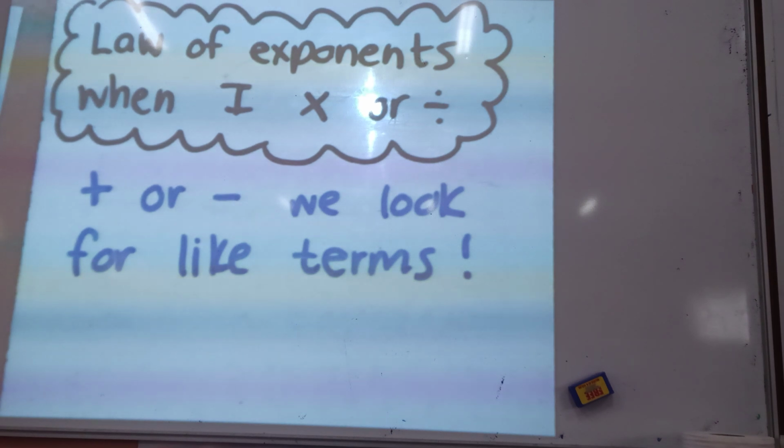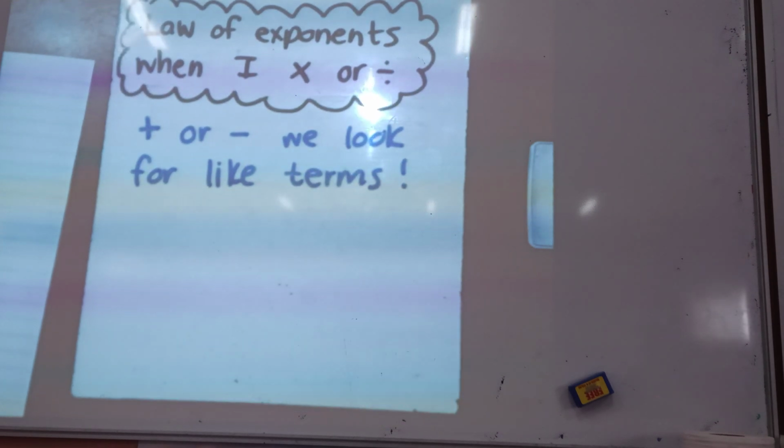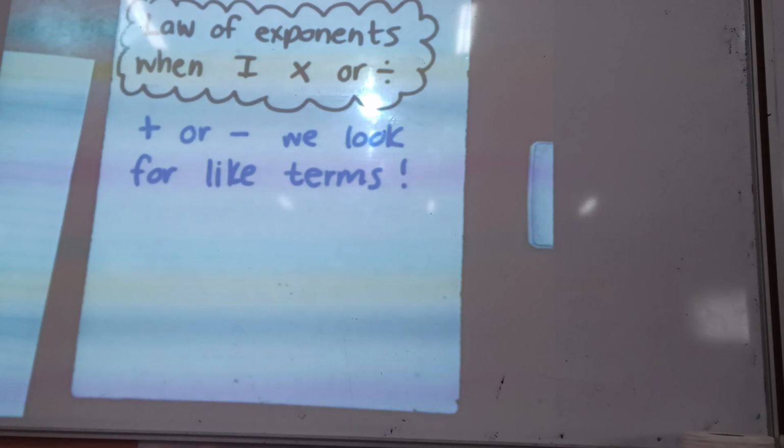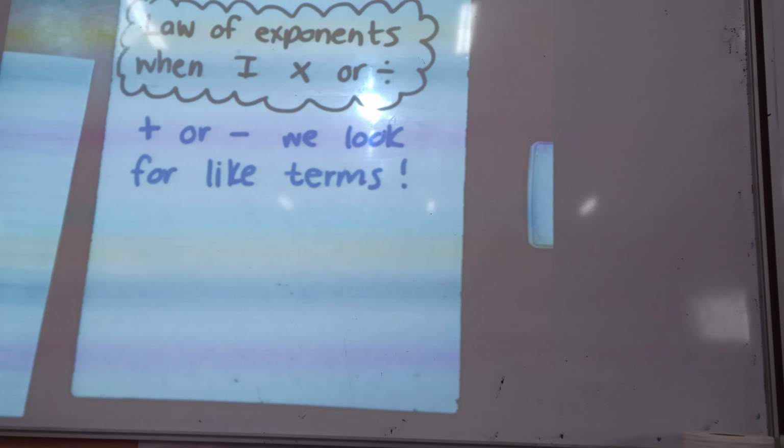That's fine. So, law of exponents when I multiply or divide; when I add or subtract, I look for like terms. Both of them are a form of algebra because we use letters. What is a better word for letters? Variables. Very good.